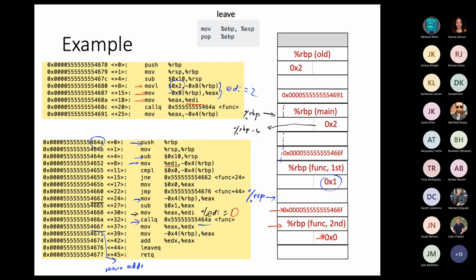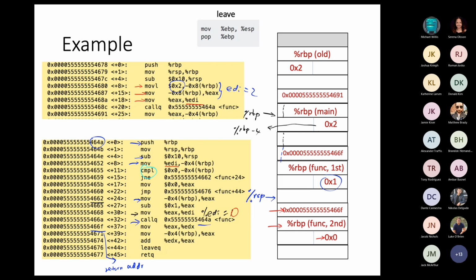And then from here, something began to change. We have the 0 right here. Okay, we do the compare. We find the RBP minus 4 is 0. We do the compare, and they're equal.